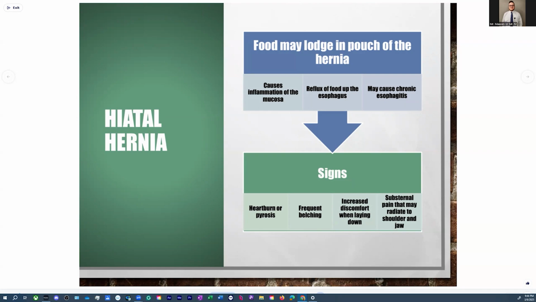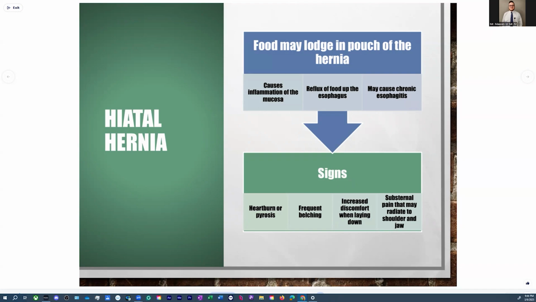They're going to have a lot of heartburn, frequent belching, a lot of gas in the upper GI tract. They're going to have really frank discomfort when they lay down and more substernal pain, so right underneath the sternum. So think about central substernal pain, feelings of burning like heartburn, frequent belching. These are the signs of hiatal hernias.